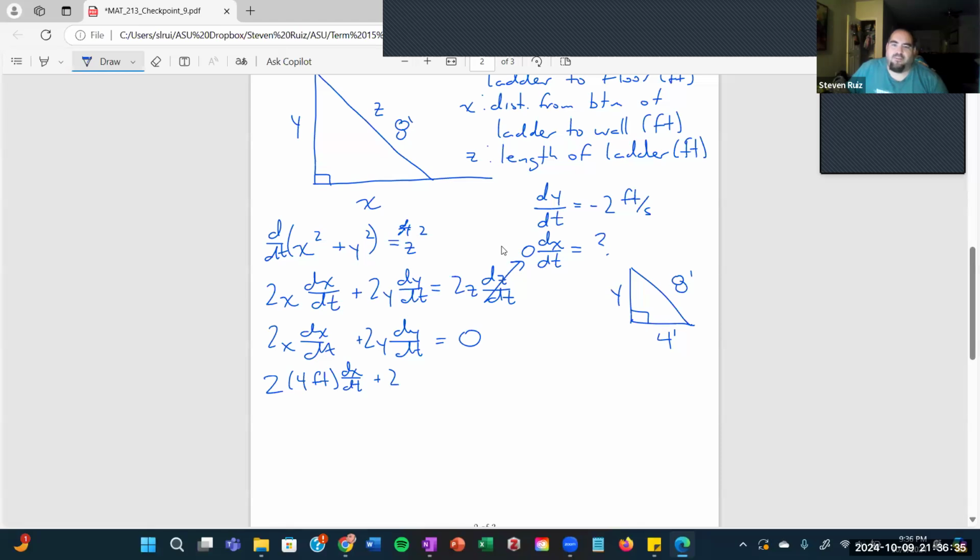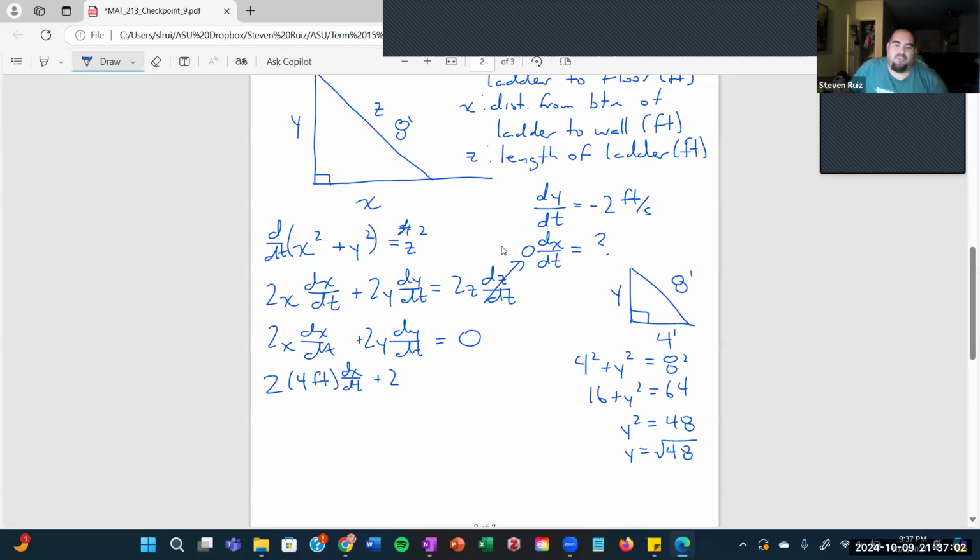This is still a right triangle, so the Pythagorean theorem still holds true. So 4 squared plus y squared equals 8 squared. 16 plus y squared equals 64. y squared equals 48. y equals, for now, I'll just call it radical 48. We can do the rounding at the end.